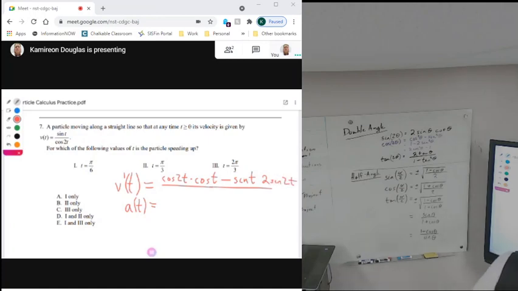Over the square of below, so cosine of 2t quantity squared. Yes, that would turn this into a positive.